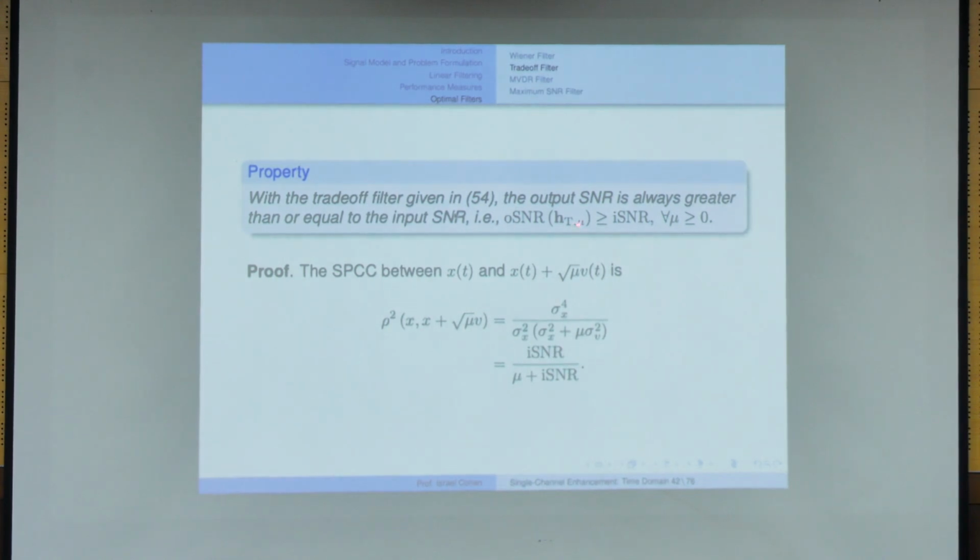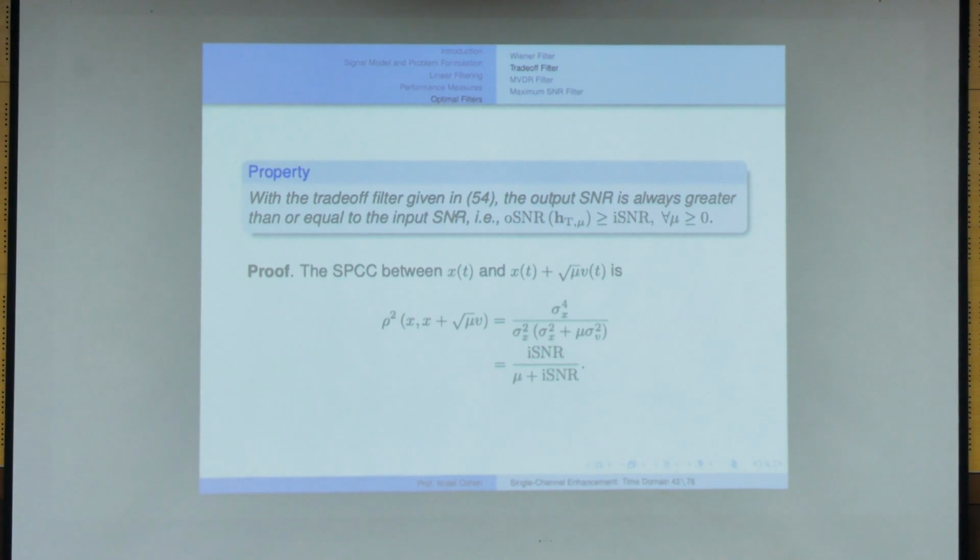So this is true for any parameter mu which is larger than 0. With any trade-off filter, the output SNR will always be larger or equal to the input SNR, which is also something nice to have, because we just worked on minimizing.